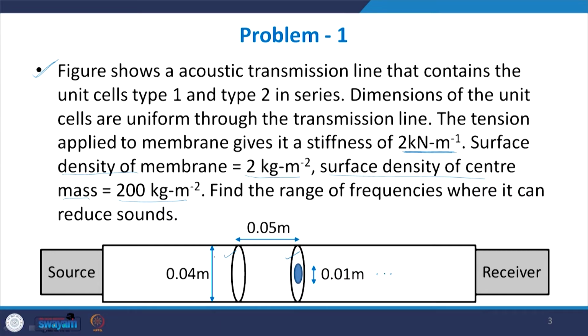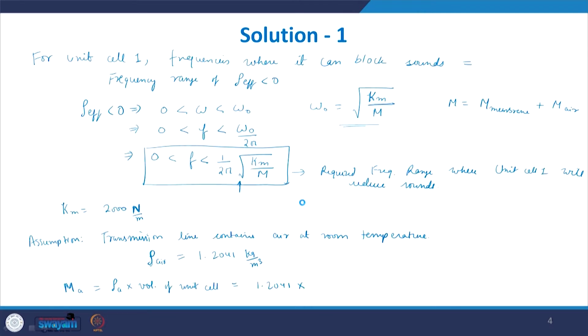This is the diameter. The diameter D of the unit cell is given to us as 0.04, so the radius becomes half of this, which is 0.02 meters, right, and the length is 0.05.